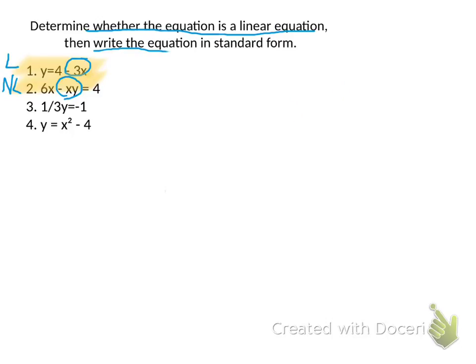we have 1/3 y equals negative 1. Most people, when they first see this, are going to think, well, there's no x, so it's not linear. Well, hold on. Let's take a look here. I can isolate the y, meaning get y alone.